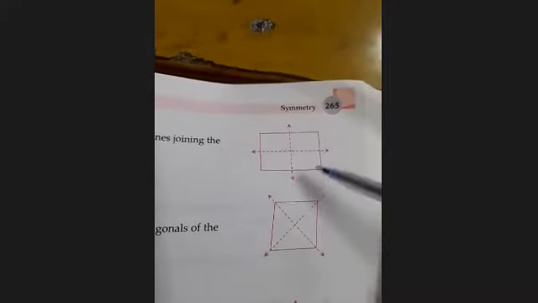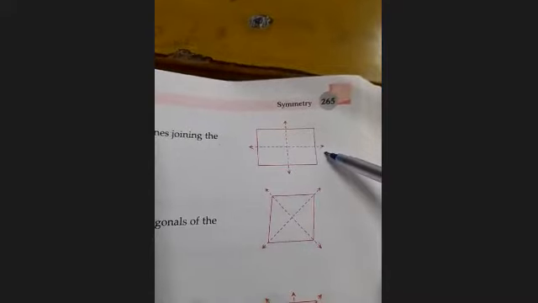So in a rectangle, we have two lines of symmetry. First line of symmetry, then second. A rectangle has two lines of symmetry. Clear, students?